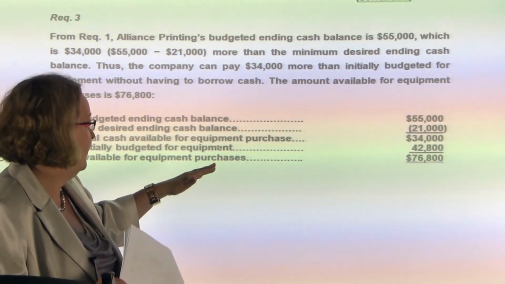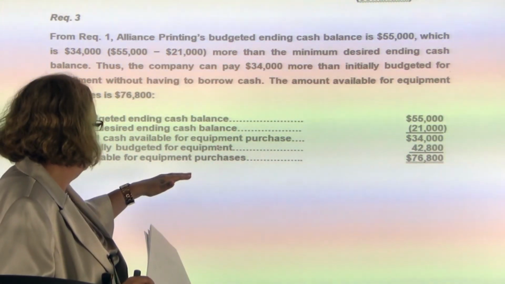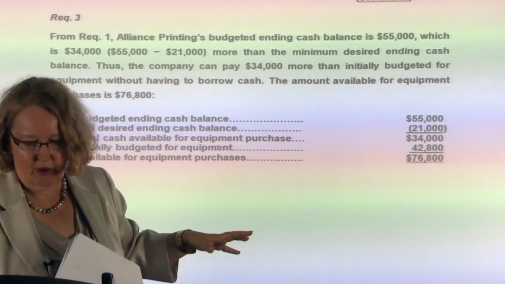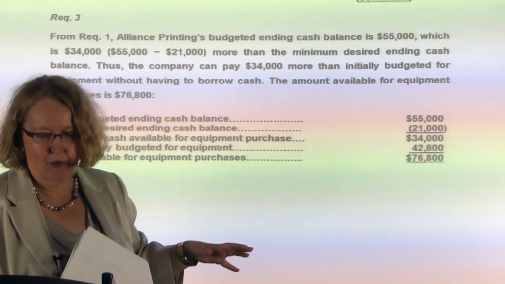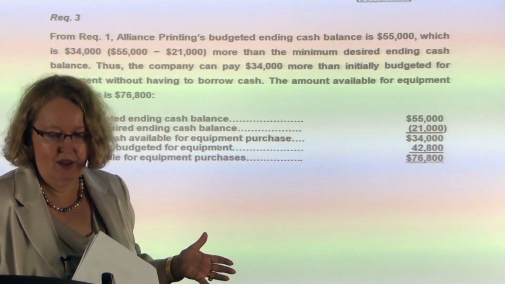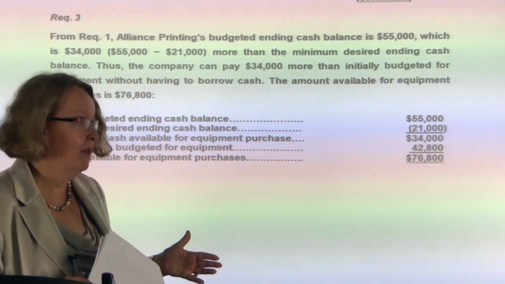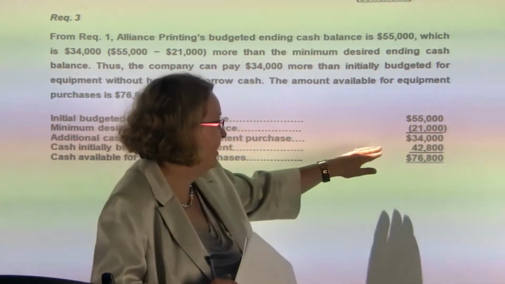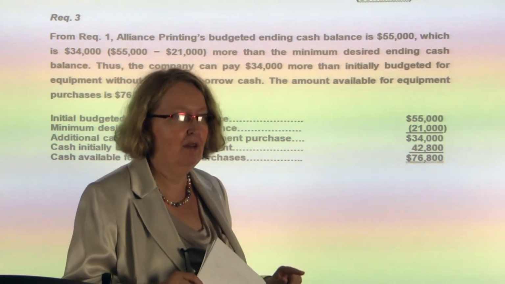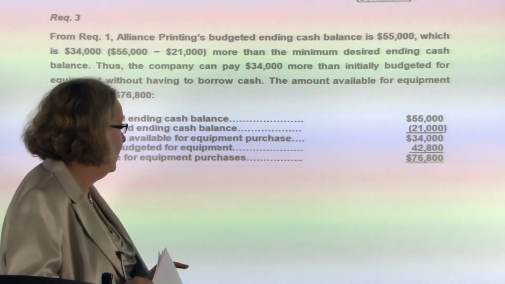So you've got 34,000 available, plus you're no longer going to be budgeting for the 42,800, since you're told to ignore that for the budgeted equipment purchases. So you add that in here, so now you've got a total of 76,800 available to purchase some new equipment.